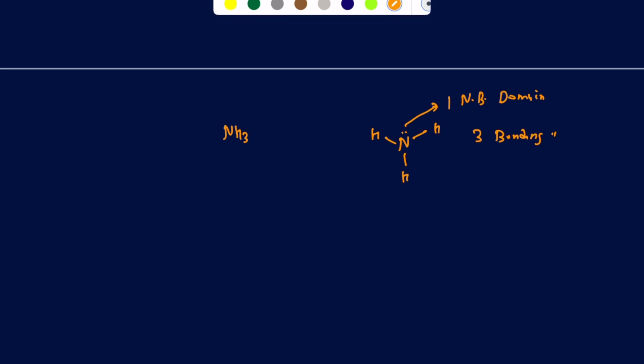Let me give you another example, such as NH3. If you draw the Lewis structure for NH3, this is how it looks, and you typically have a lone pair on that nitrogen at the center. So that means I've got one non-bonding domain, or one lone pair, you can say, and then I've got three bonding domains on the nitrogen.